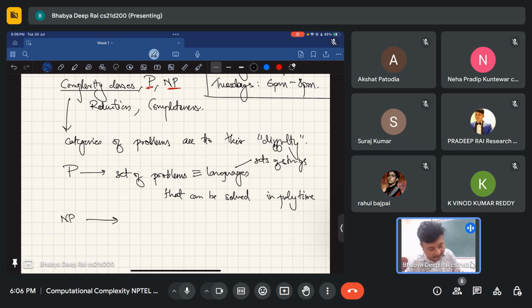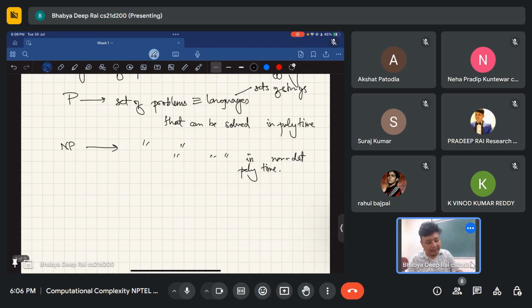NP, again, is a set of problems that can be solved in non-deterministic polynomial time. And what is non-deterministic polynomial time?